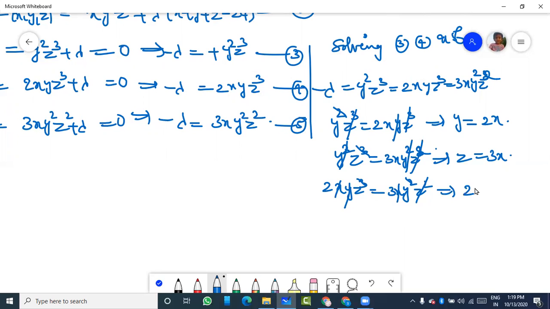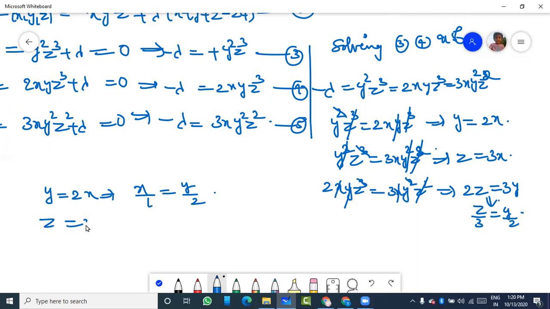From this, 2z is equal to 3y. Here, z by 3 equal to y by 2 from this relation. So, y equal to 2x. From this, x by 1 equal to y by 2, we can write. z is equal to 3x. From this, we can write z by 3 equal to x by 1.